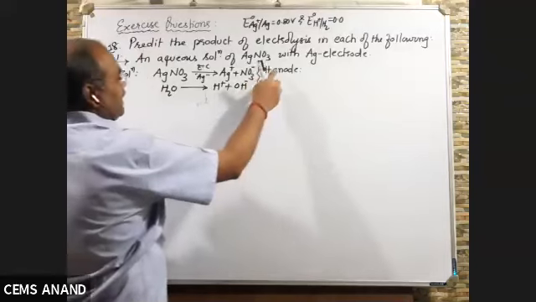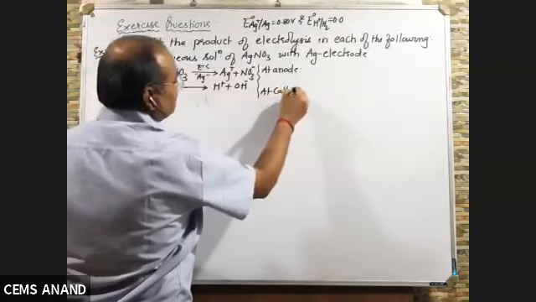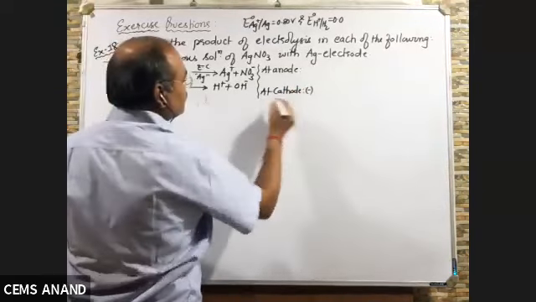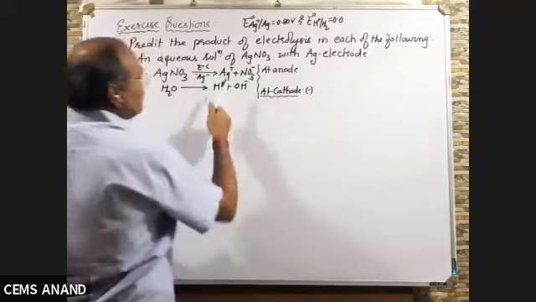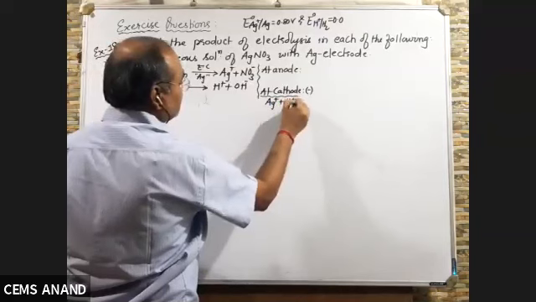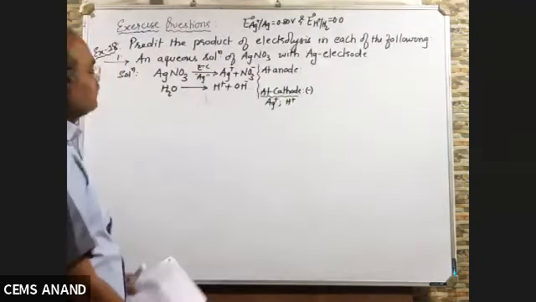Now at anode and at cathode we have to write the reaction, right? Cathode is negative, so who will be attracted at cathode? Ag plus and H plus. These two will be attracted, right?